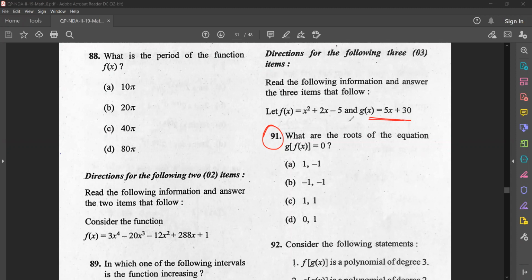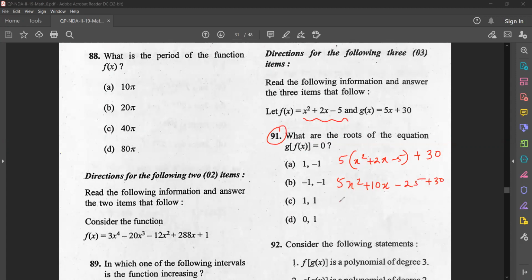So g of f of x means in the place of x you have to put f of x, isn't it? So in the place of x in 5x you put f of x, x square plus 2x minus 5, plus 30. So that is 5x square plus 10x minus 25 plus 30. So that is 5x square plus 10x plus 5, isn't it?